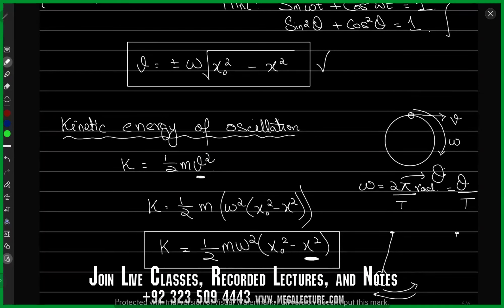In reality, the pendulum will oscillate, then slowly its amplitude will start decreasing, right? So now it will move even less to there, and then even less, and eventually it will come to a stop. But so far right now, omega is a constant, and this is the kinetic energy of this type of oscillations.